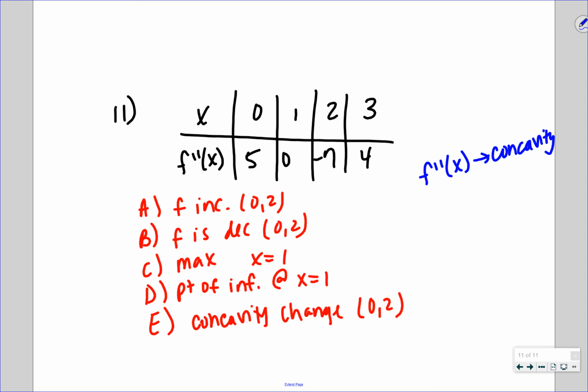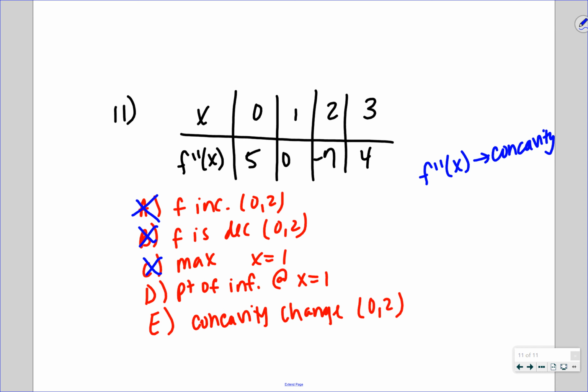You can find out where your first derivative changed due to the maximums and minimums of your second derivative, or your zeros of your second derivative, but you don't really go backwards from the second derivative. Second derivative only tells you concavity. So right away, we knew nothing about whether it was increasing, decreasing, or had a maximum. I can only look at point of inflection or concavity.